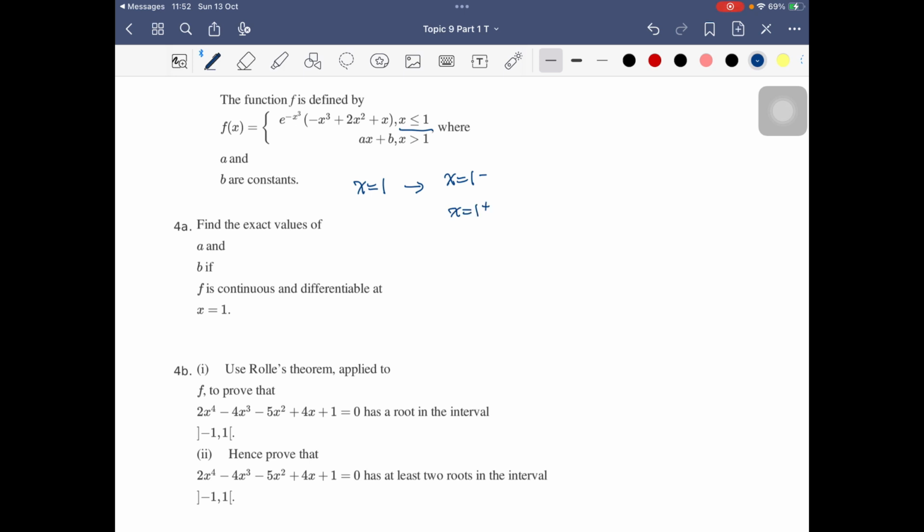So from the left side, this graph goes to e to the negative 1 times 1, which is 2e. Oh, sorry. So 2 over e. And when x comes from the right side, this comes as a plus b. So this and this should be together. So 2 over e needs to be a plus b.